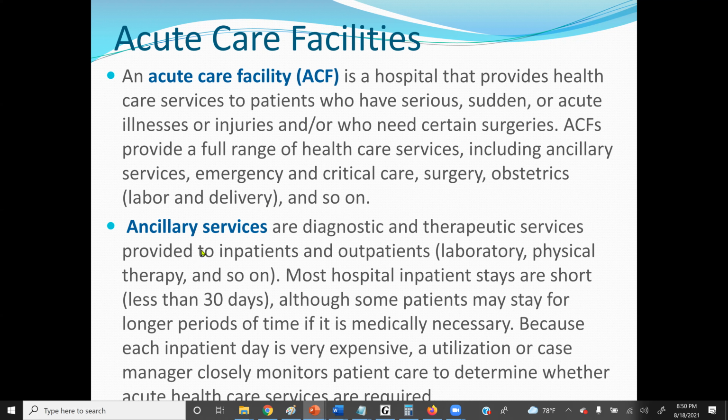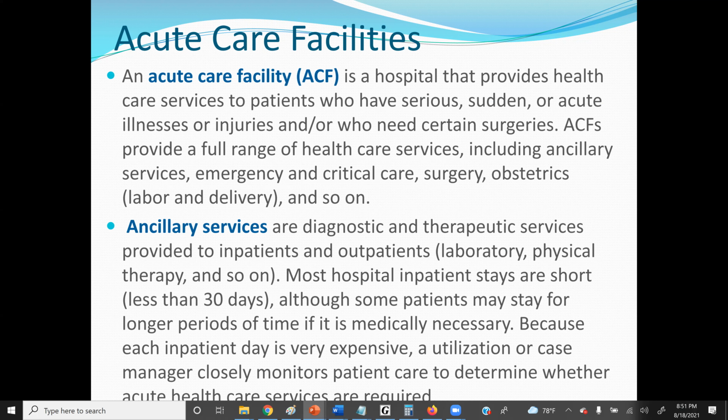Ancillary services are diagnostic and also therapeutic services provided to inpatients and also outpatients. This can be a laboratory, physical therapy, etc. Most hospitals' inpatient stays are short, normally less than 30 days, although some patients may stay for a longer period of time if it is medically necessary.